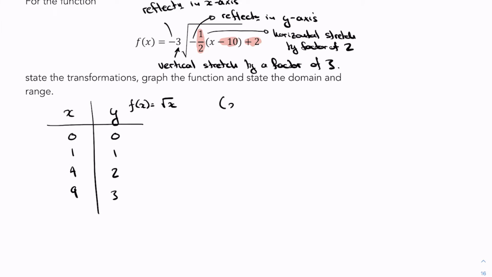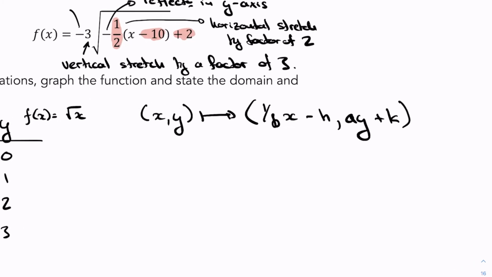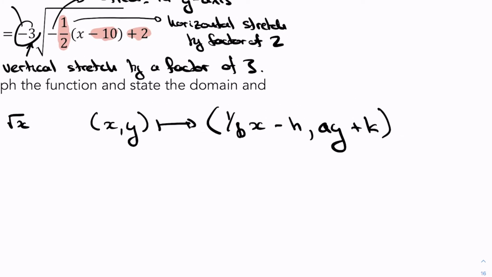Now for the mapping of this transformed function, I'm going to set up my general template. I'm going to write 1 over b, x minus the h value, and then a times y plus the k value. Now in this case, my b value is negative 1 over 2. So I'm going to use the values from here, here, here, and here.